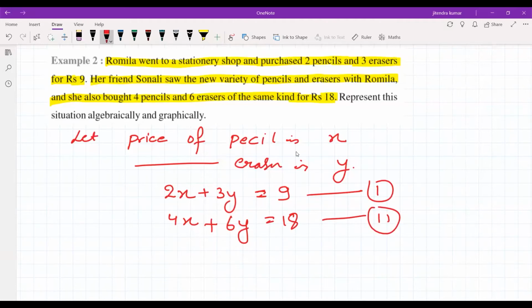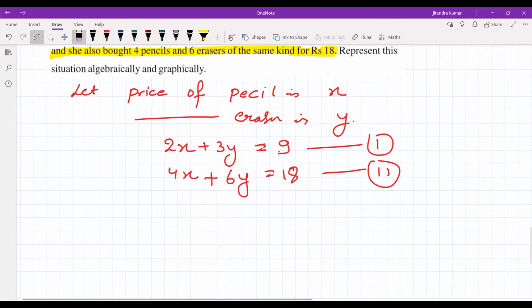Now we just have to represent this situation algebraically and graphically. We have already represented it algebraically. Now we have to draw the graph and show what the solution is and what the price of a pencil and an eraser is.